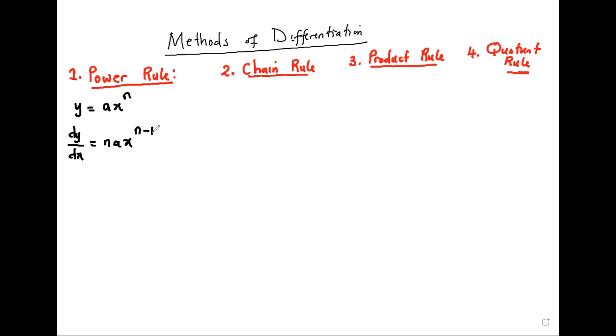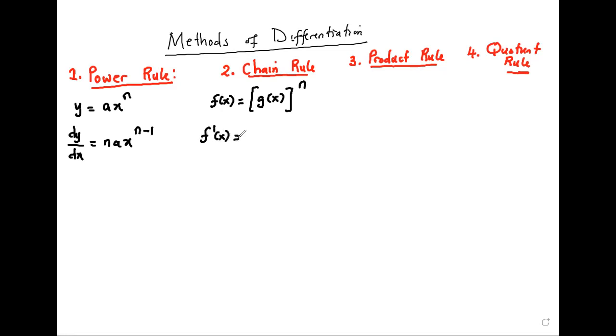Interesting, isn't it? But if your f of x, where I say y, I can as well say f of x. If f of x is g of x to the power n, then now you need to apply the chain rule, because g may be a function like x to the power 4 or something. So to differentiate here, you'll be finding the derivative of f with respect to x.